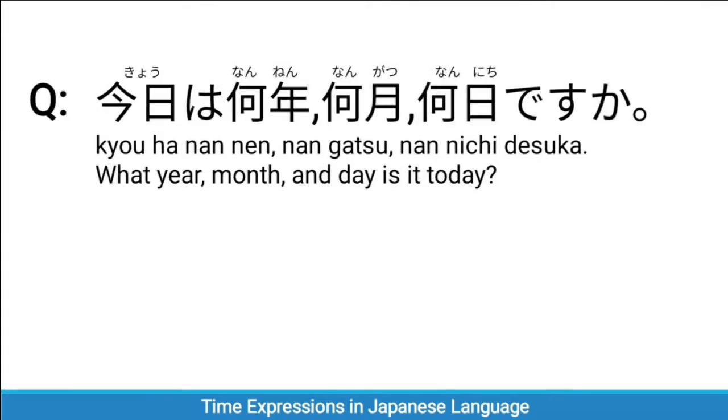Sige, we have, Kyou wa nannen nangatsu nannichi desu ka? So, in English, what year, month, and day is it today? So, specify niya lahat. Tinatanong niya is yung taon, yung buwan, and ang araw. And sinabi din niya na kyou, so today.